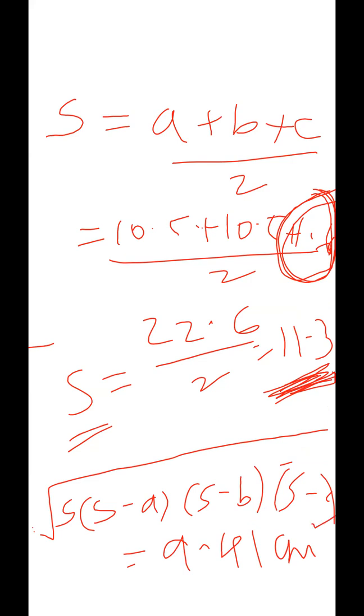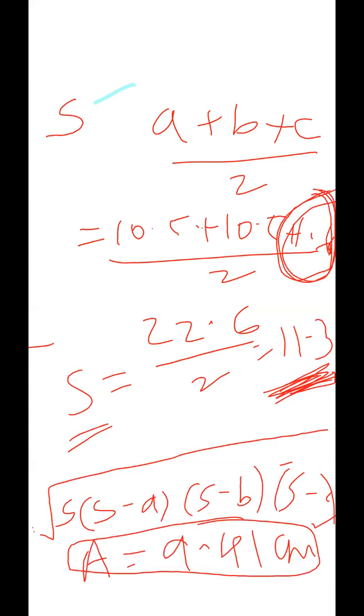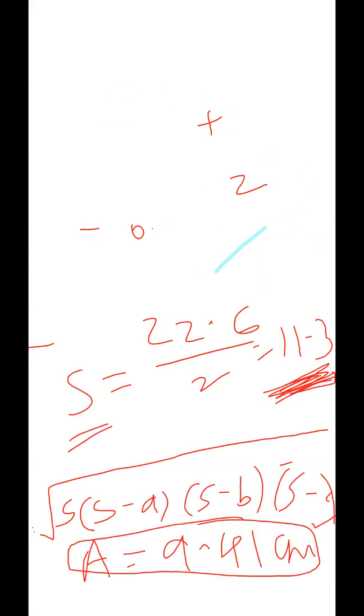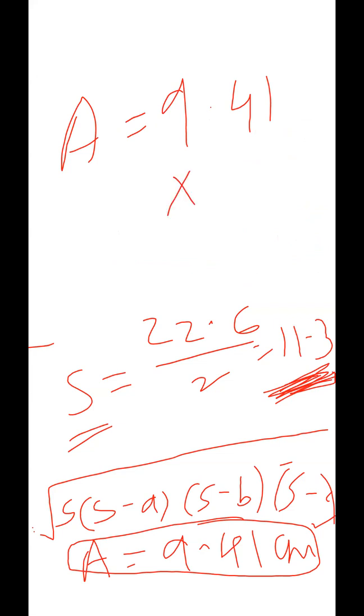This is the area of one triangle. The area of one triangle is 9.41, and now you have 36 such triangles, which complete the circle.